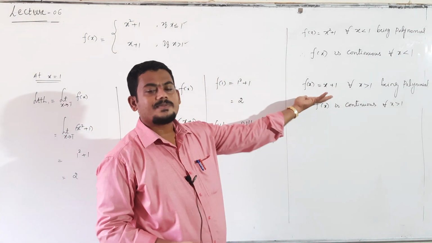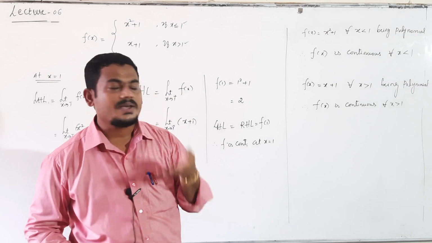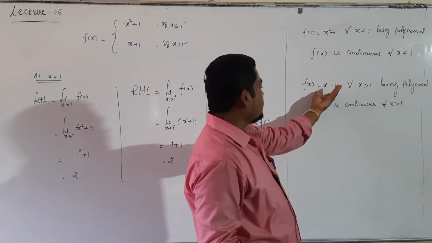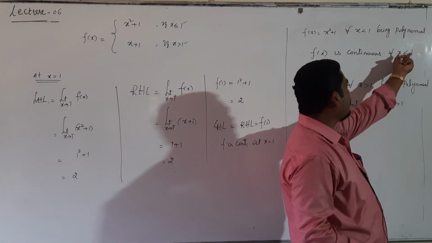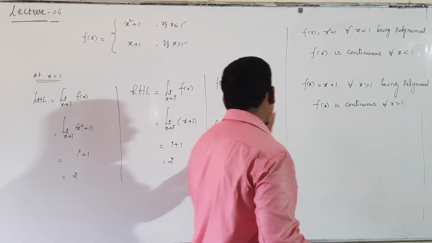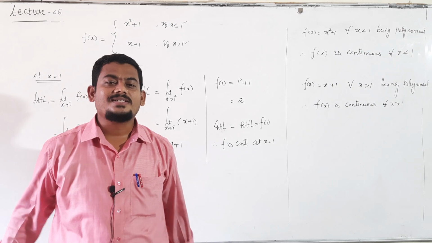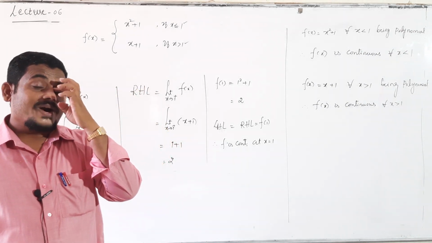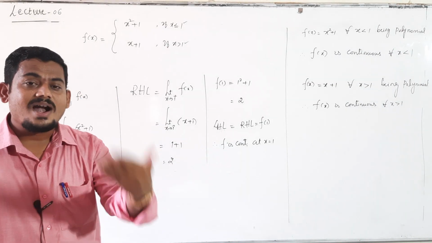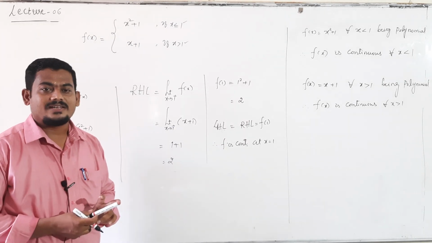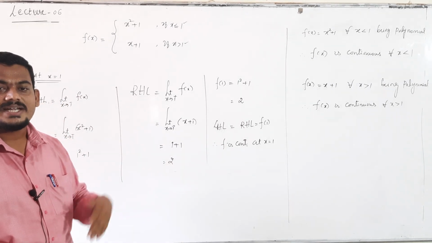From the result that every polynomial is continuous everywhere, the function is continuous for more than 1, continuous for less than 1, and at 1 also continuous. Means in this case, what are the points of discontinuity? Points of discontinuity means at what point a given function is discontinuous. There is no point of discontinuity in this problem.